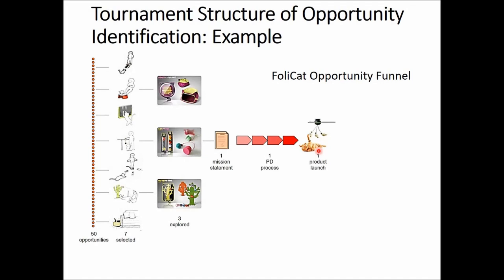You'll have to select good opportunities out of many, and then you have to further explore these good opportunities, and select better opportunities, and then you'll have to write down your mission statement, and then send it through the product development process that I'm going to discuss in the coming time, and then design the final product. The manufacturing of the final product is not within the scope of this subject.